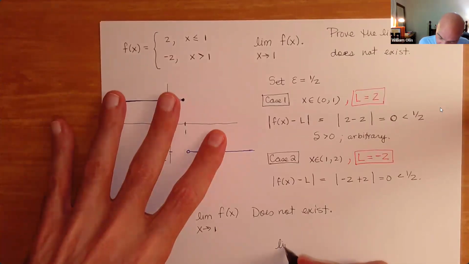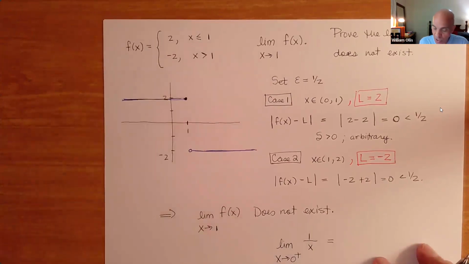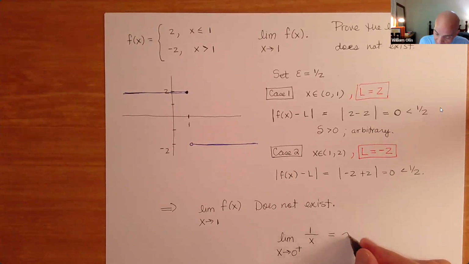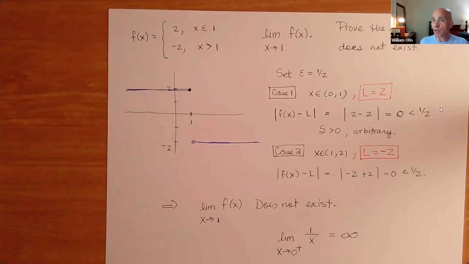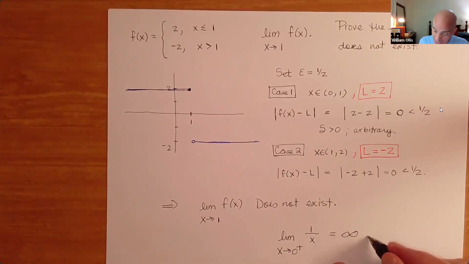For instance, in pre-cal, we had something like this. And this is notation I haven't introduced, but if we approach 0 from the right using a little plus, we would say that's infinity, because the function becomes arbitrarily large, and we need to show that arithmetic. But that's not a real number. So we would say in this case, the limit does not exist.